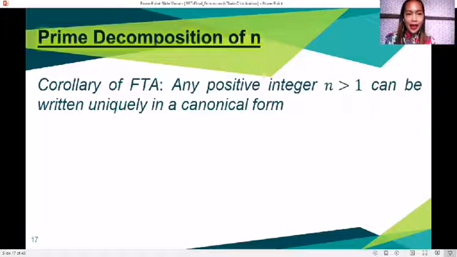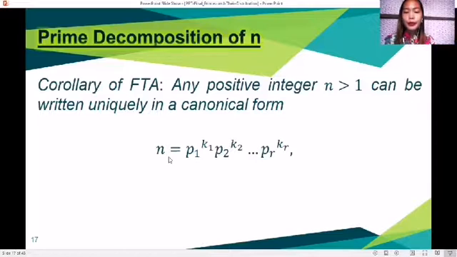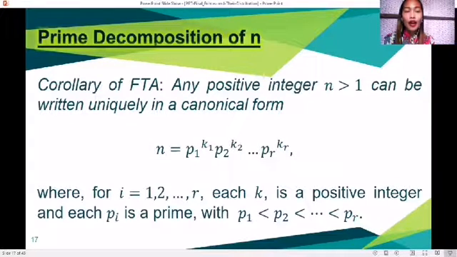The corollary of FTA says any positive integer n greater than 1 can be written uniquely in a canonical form: n is equal to p sub 1 raised to the power of k sub 1 times p sub 2 raised to the power of k sub 2 up to p sub r raised to the power of k sub r, where i is equal to 1, 2, up to r.